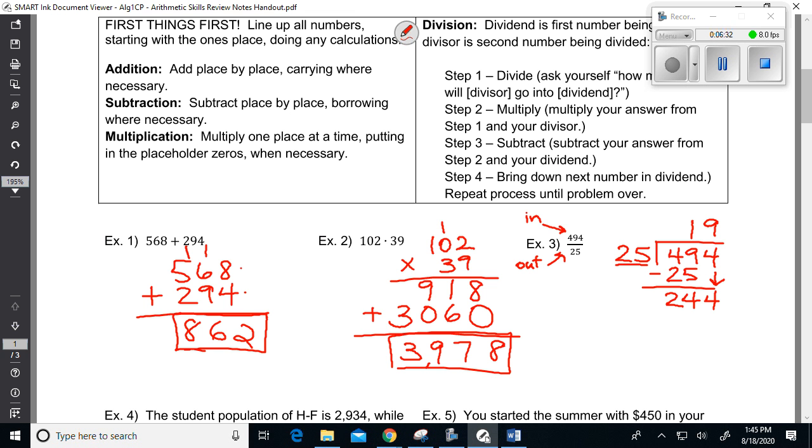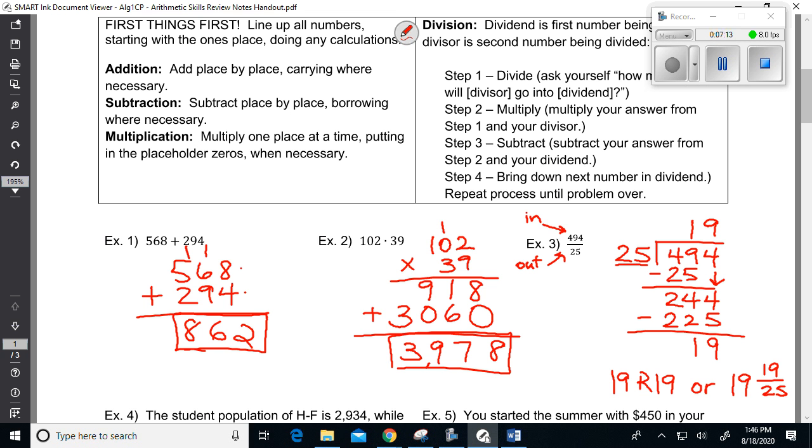You can use a calculator to do that. 225. And then if you subtract, you should get 19. So your answer is 19, remainder 19, or you can write it as 19 and 19 over 25.